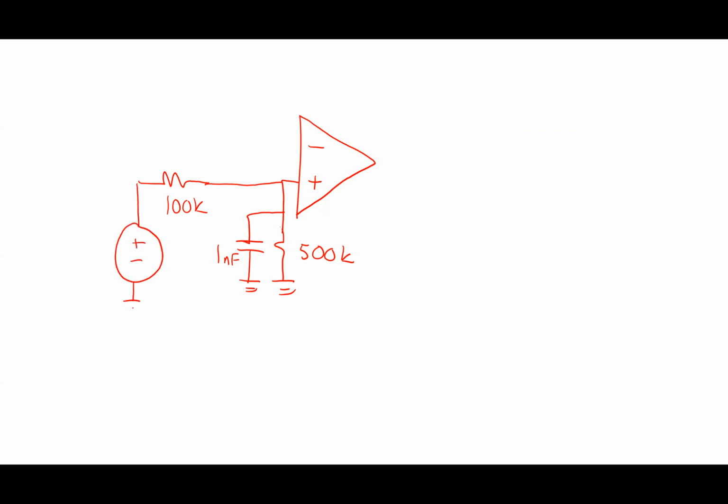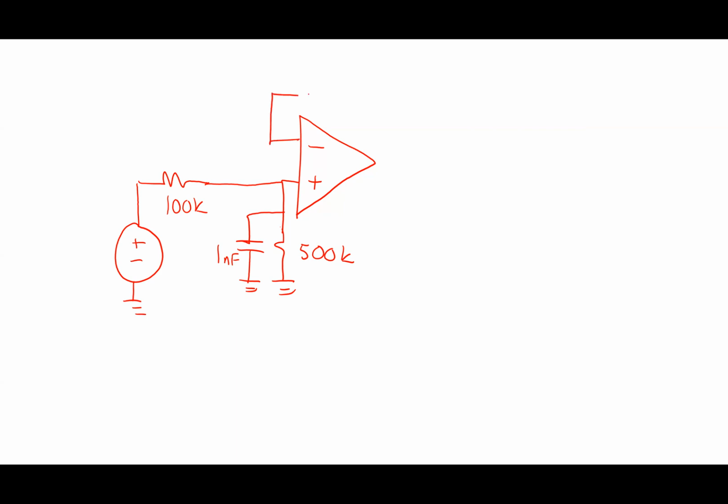Now, I don't remember. I think what's going on there is you got a 500K here, and you had, I don't know, 1 nanofarad here, and then you got 100 kilo ohm here. And then this one's V2. Is that right?